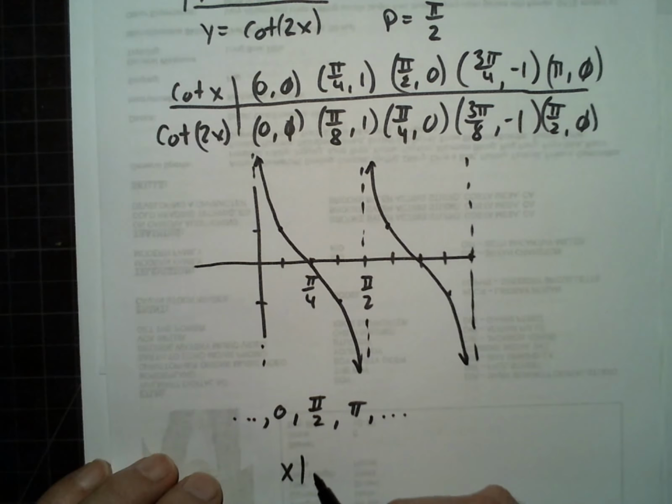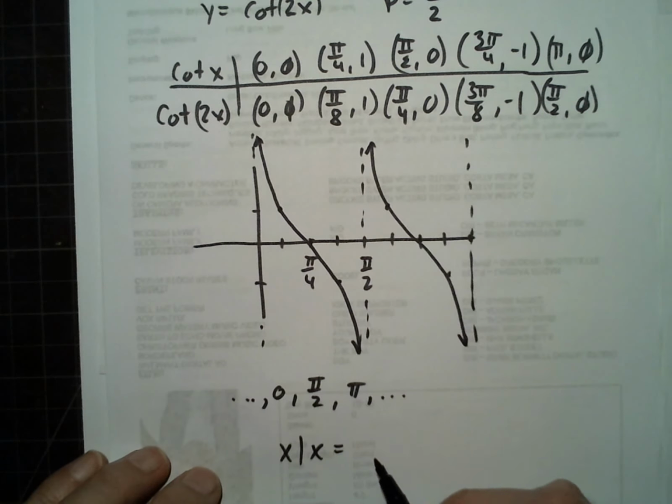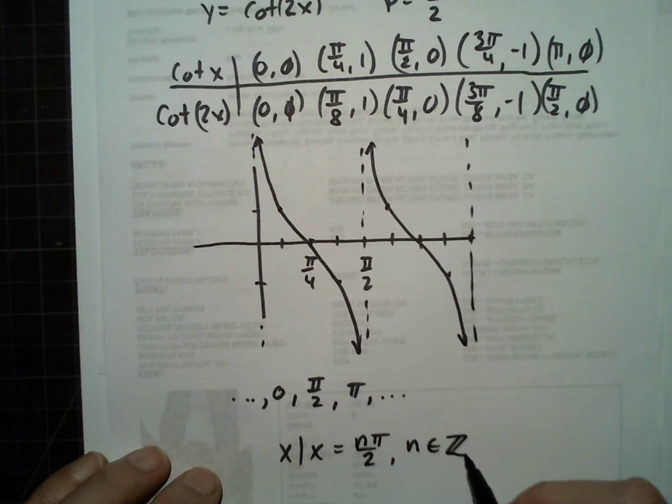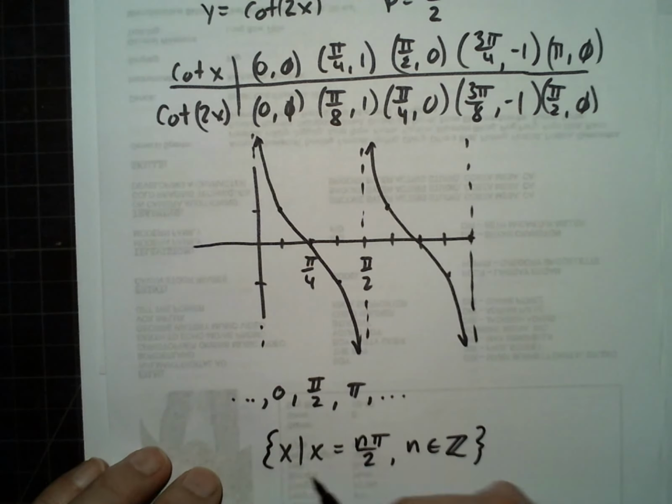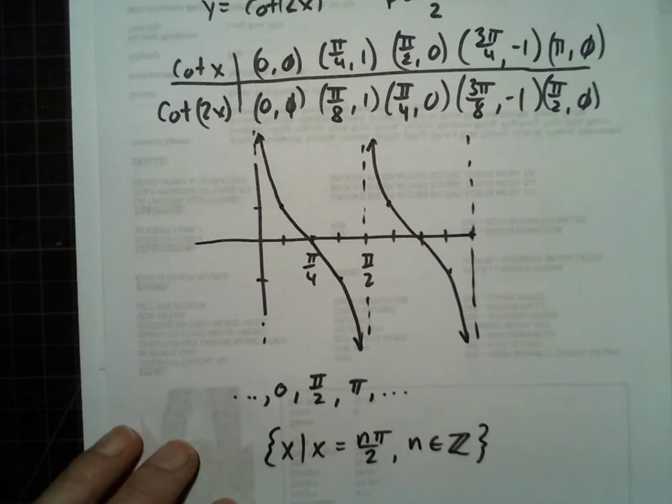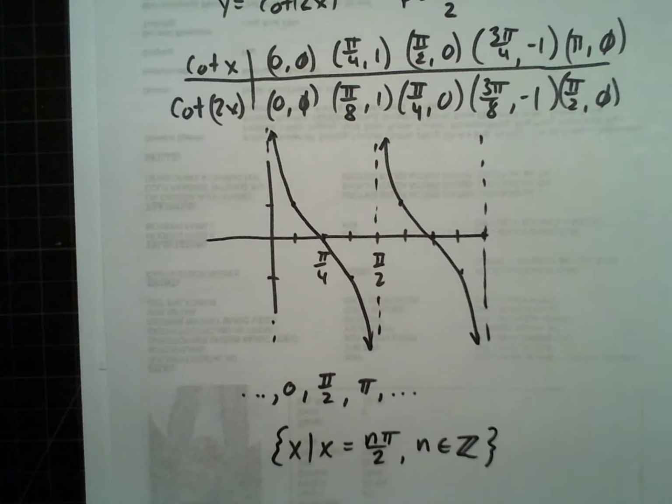So it's x such that x equals n pi over 2, where n is an integer. One more.